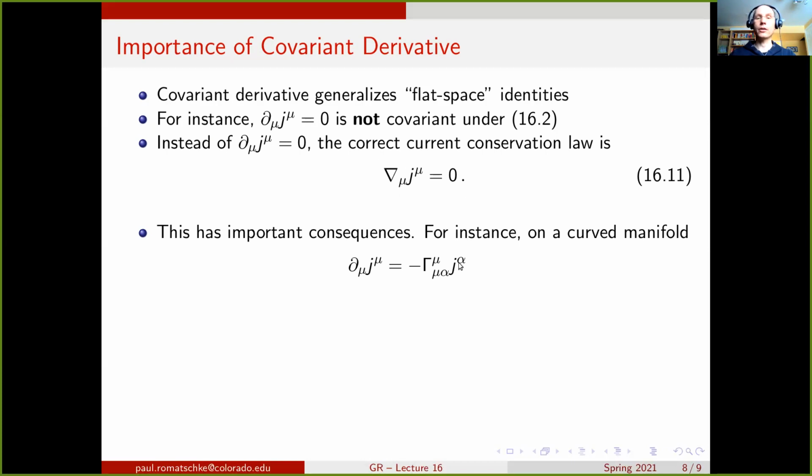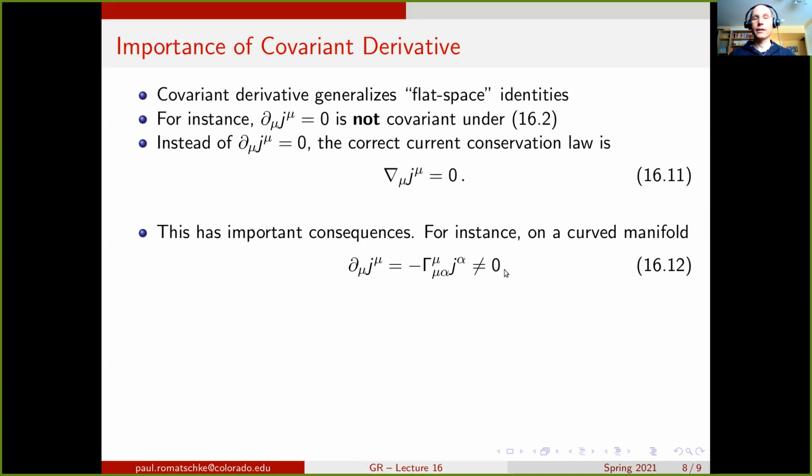So what that means is that on a curved manifold, we'll have that the four derivative of the current J mu is equal to minus the Christoffel symbol here with two indices the same, acting on this vector density J alpha. And what that means is that the four derivative of that vector is actually not equal to 0.